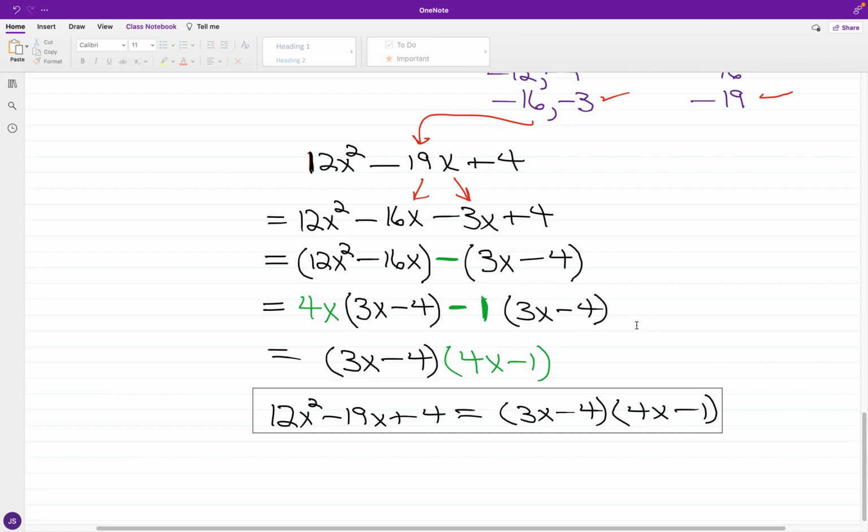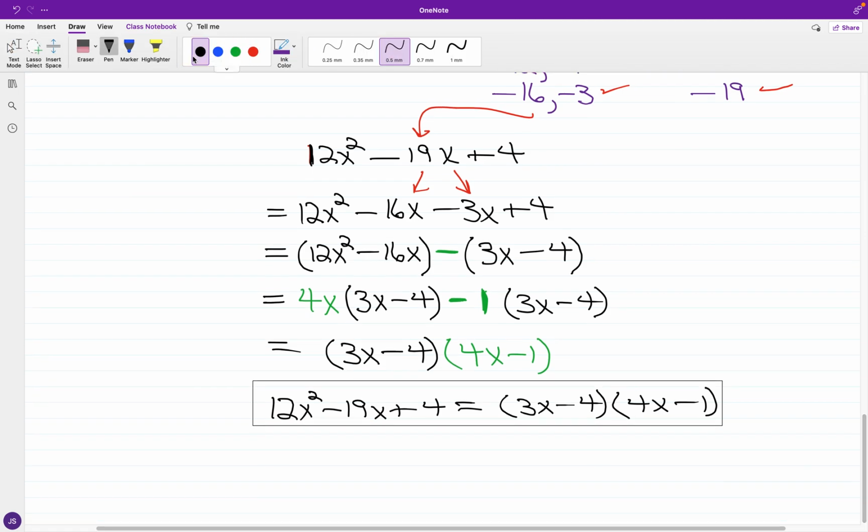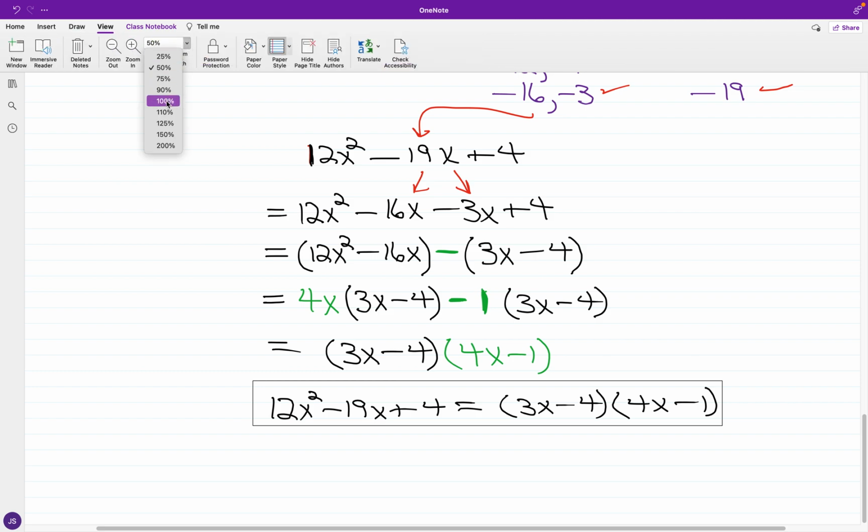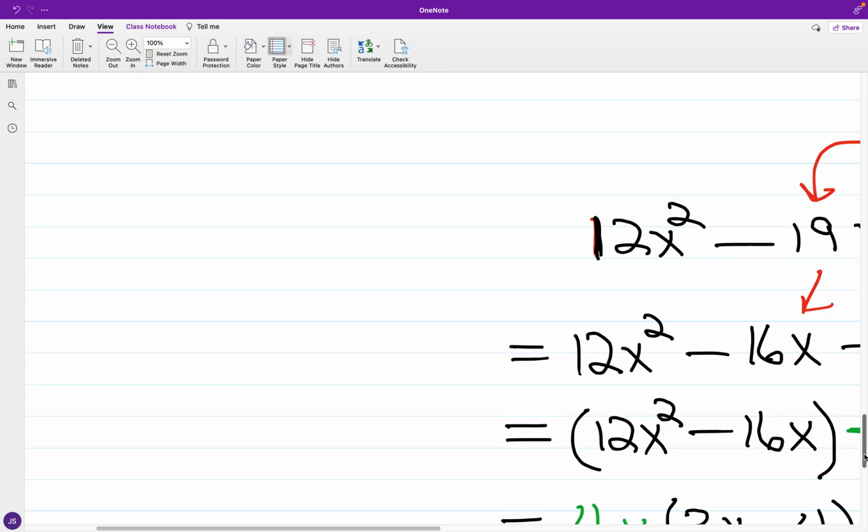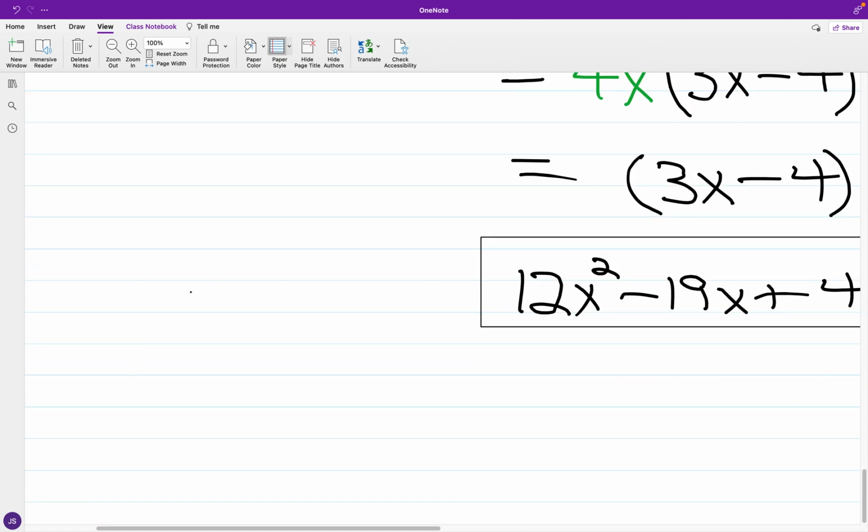Now, in the crossover to other types of factoring, I was going to look briefly into this portion, and this is just going to be with the sums and differences of cubes.